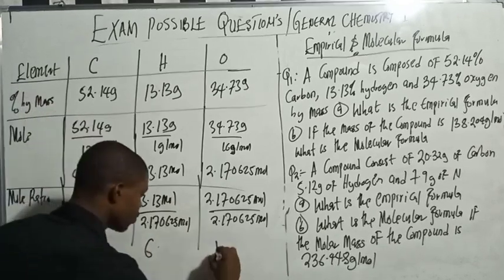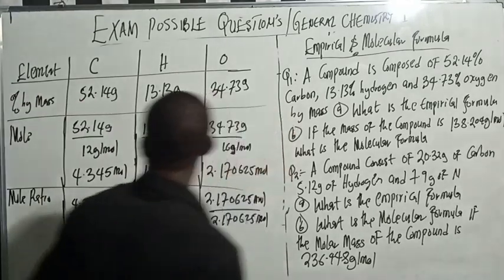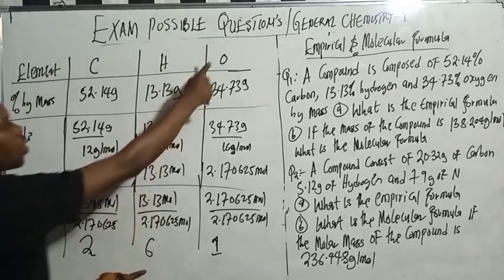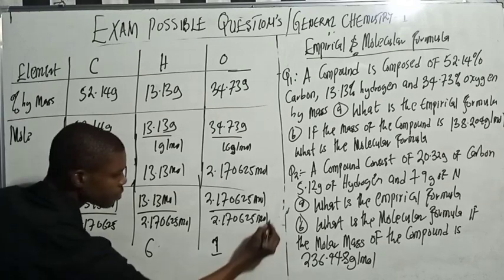Then you have 1. So my empirical formula here: carbon is 2, hydrogen is 6, oxygen is 1. So go ahead and copy this.